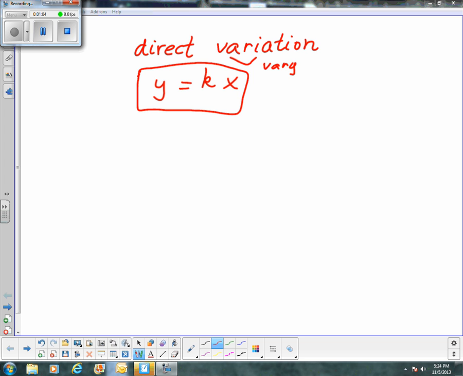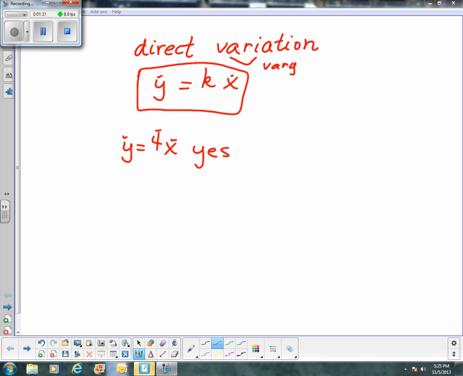So let's check and see if two quantities have direct variation. y equals 4x. Okay. We have a y here, we have a y here. We have an x here, we have an x here, and we have a value for k. It fits the pattern, so this has direct variation.